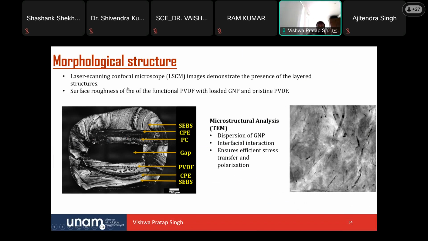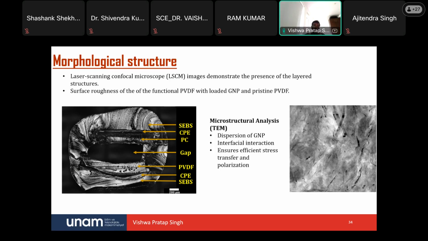Whenever we put it in SEM, this used to collapse because of vacuum. In SEM, there is a vacuum chamber. So we tried to get this structure out of SEM images, but we never got it. It was collapsing onto each other, and we were thinking, okay, then we are not getting the fiber as we are thinking.